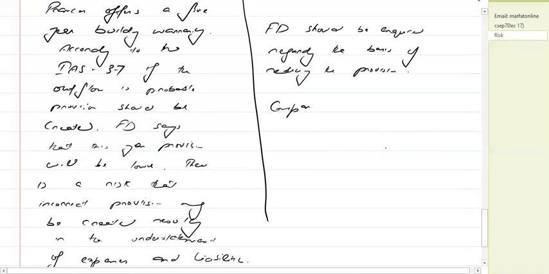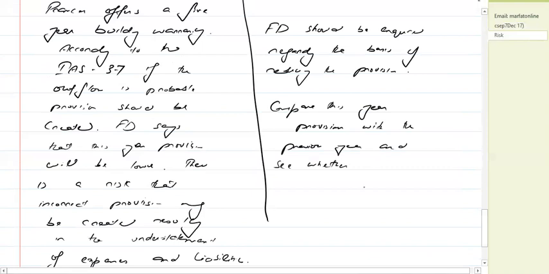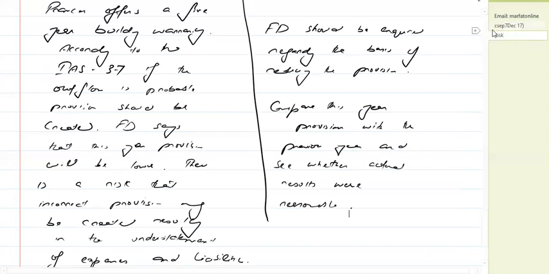Compare this year provision with the previous year, and see whether actual results were reasonable. Now this is the thing, okay?